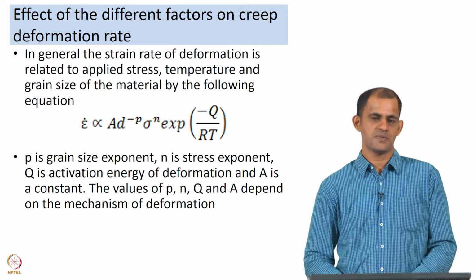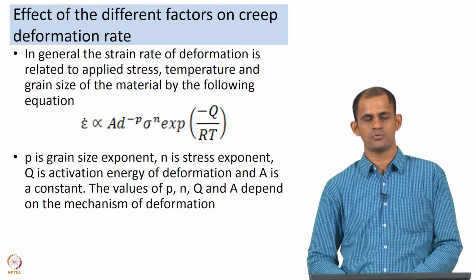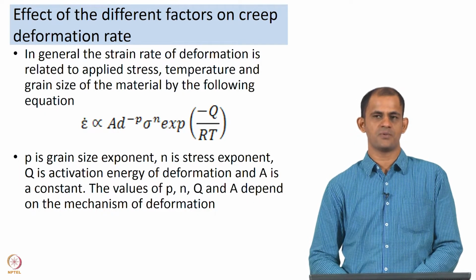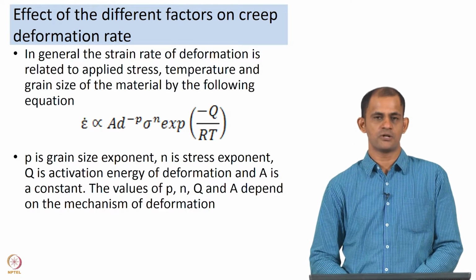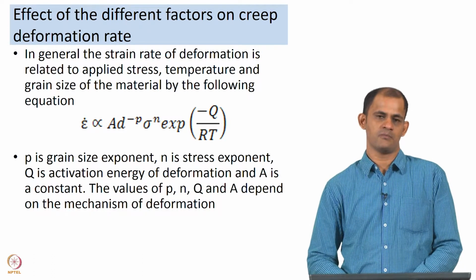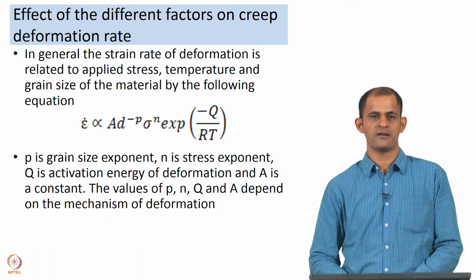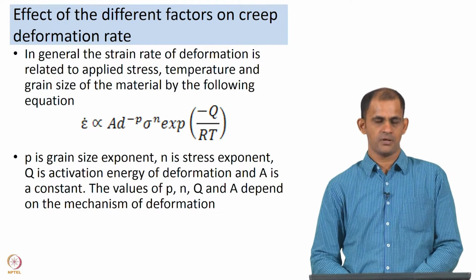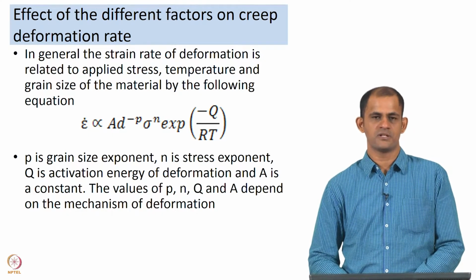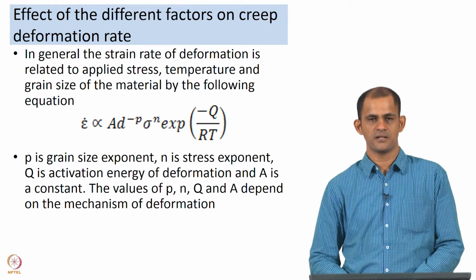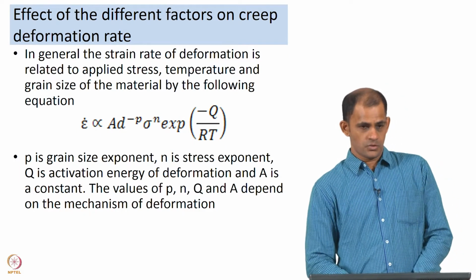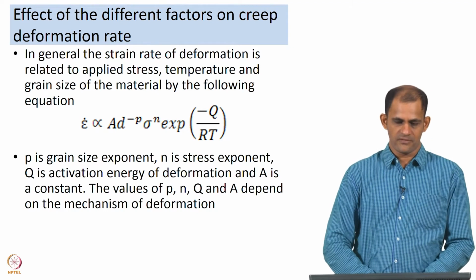So, what this basically tells us is, if you wanted to find out which mechanism of deformation is controlling creep, then you have to find out the values of p, n, Q and A, and from there you will get insights about which mechanism of deformation is controlling creep. So, that is basically the effect of different factors.